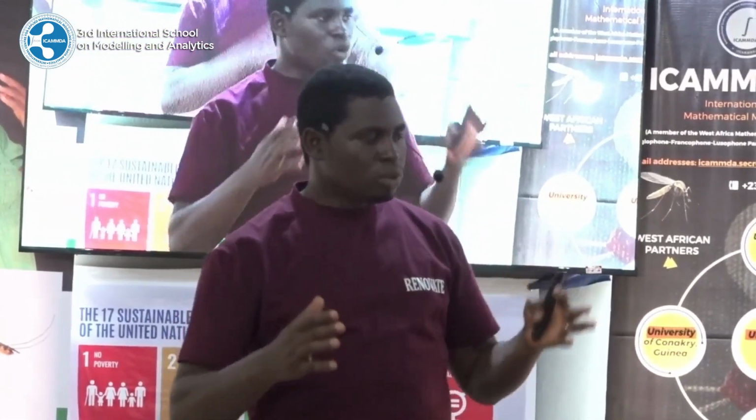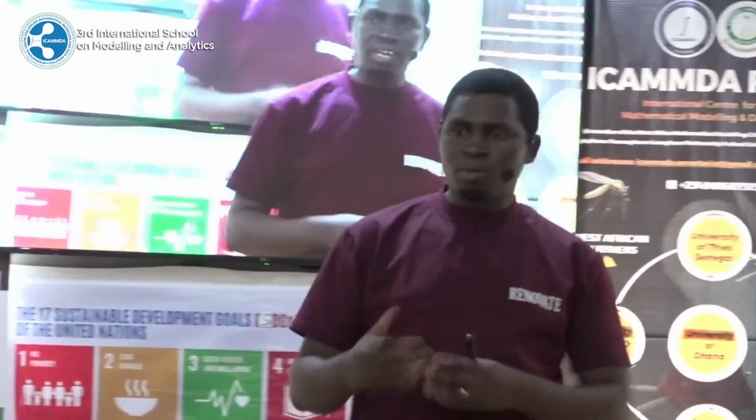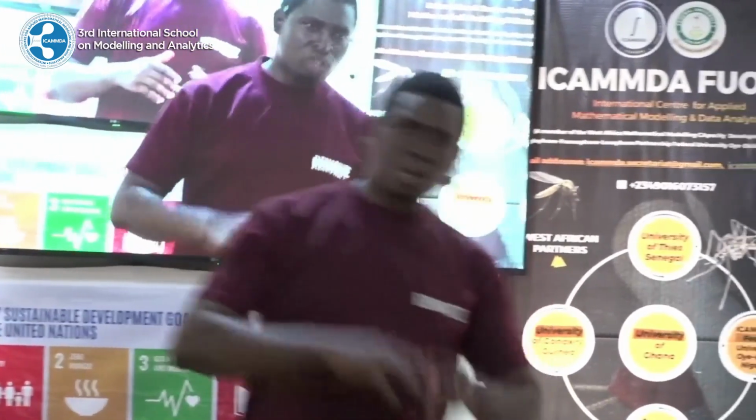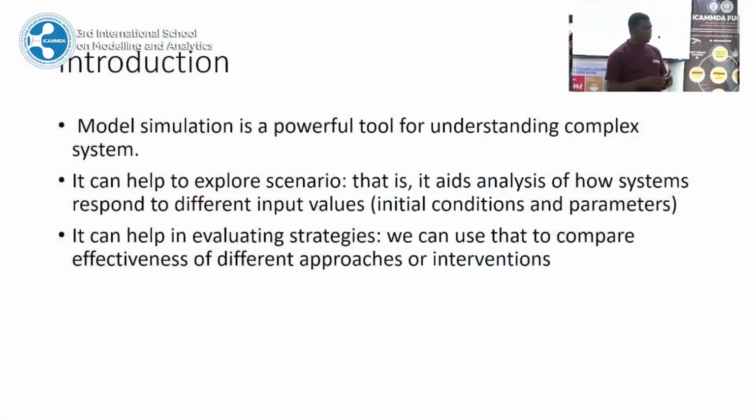So you can now see from using the model simulation, if different parameter values are coming in, what is the solution going to look like? If we are having different initial conditions, how will the solution look like?